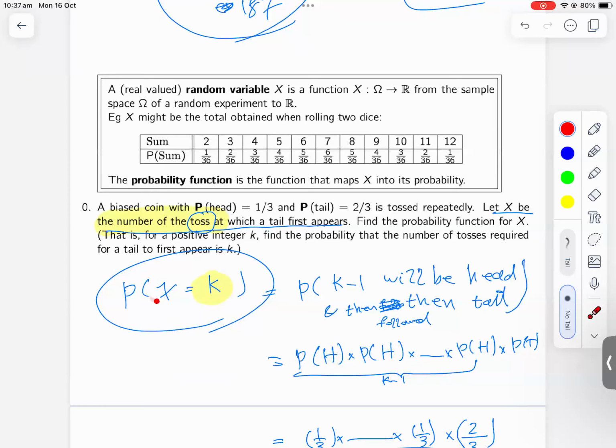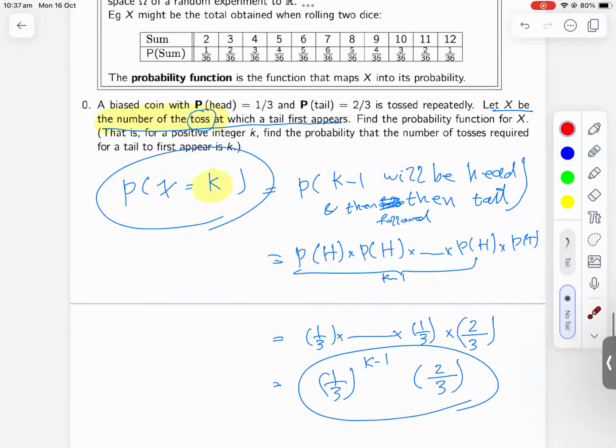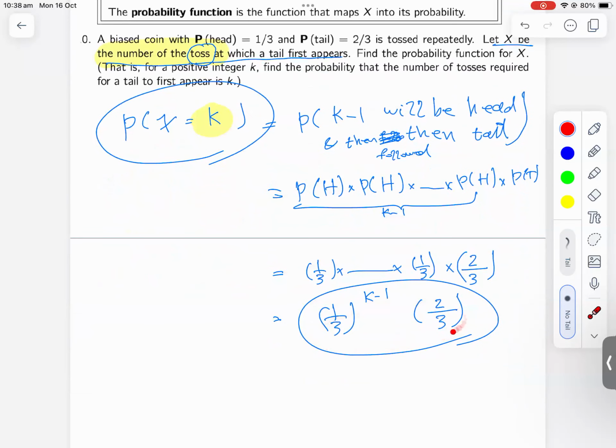So it will be the probability of H for each of the first k minus 1, each 1/3, and the last one, the tail, is 2/3. So the answer will be this.